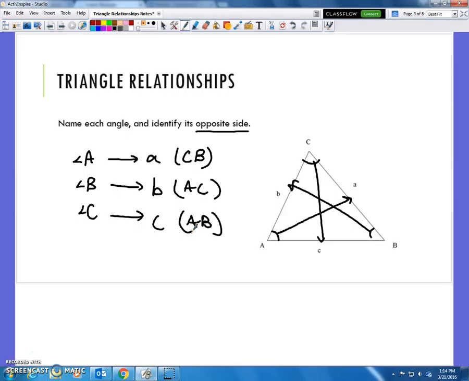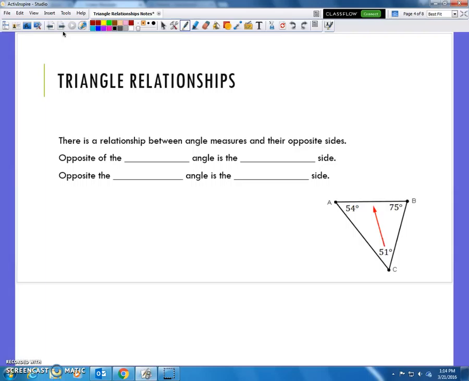Okay. And so when I say opposite, I mean opposite. I mean, there's no other way to say it. Just the one straight across from the angle. Okay. Now there's a relationship between angle measures and their opposite sides as well. All right. Opposite of the smallest angle is the smallest side.